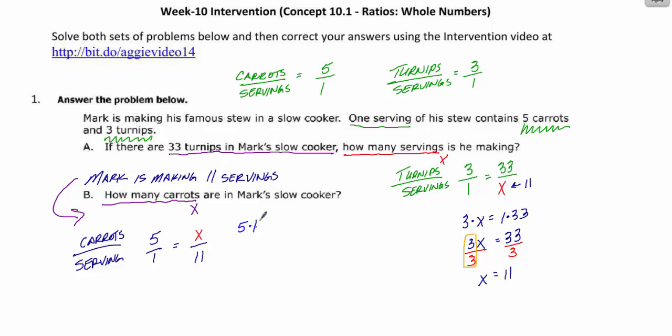We would multiply 5 times 11 and 1 times X. We would get 55 equals X times 1, which is just 1X. And we don't need to do any division. We don't have any coefficient. We know that Mark will have 55 carrots in the slow cooker.